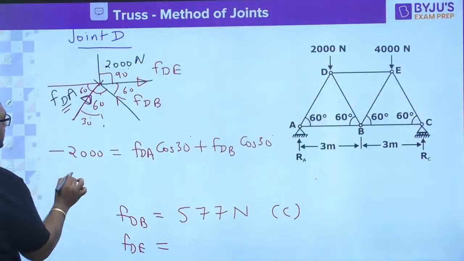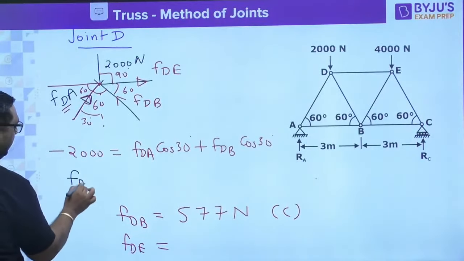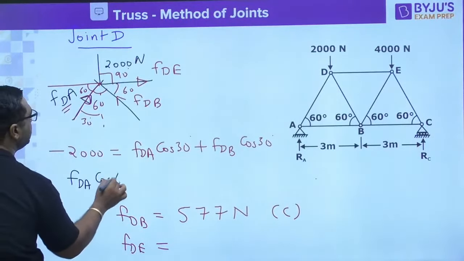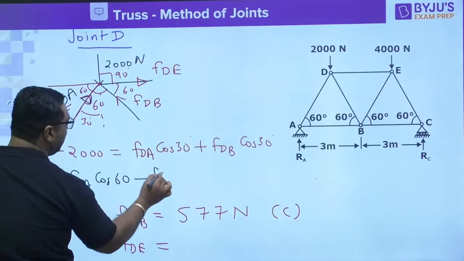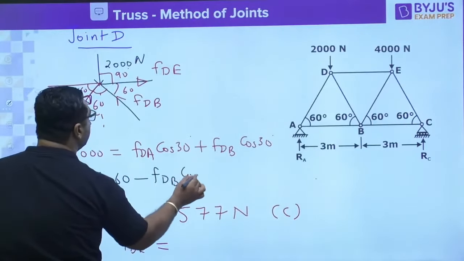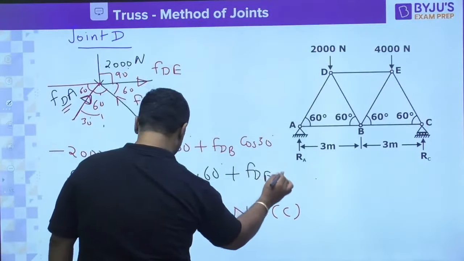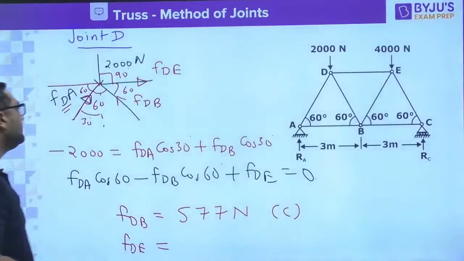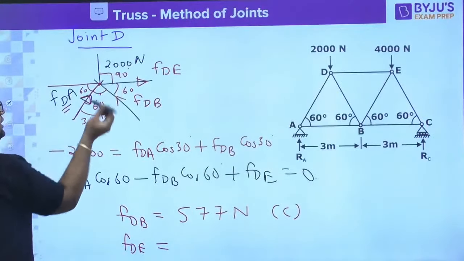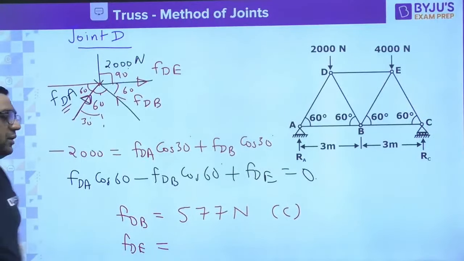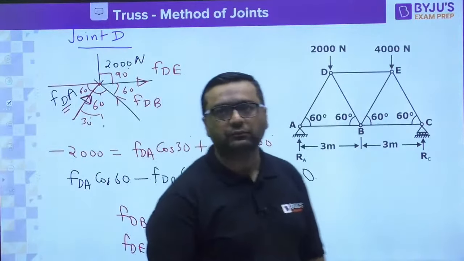You can write it as FDA cos 60 minus FDB cos 60 plus FDE is equal to 0, because these two are assumed in this direction and this is going to be in the opposite direction. So this is the equation.